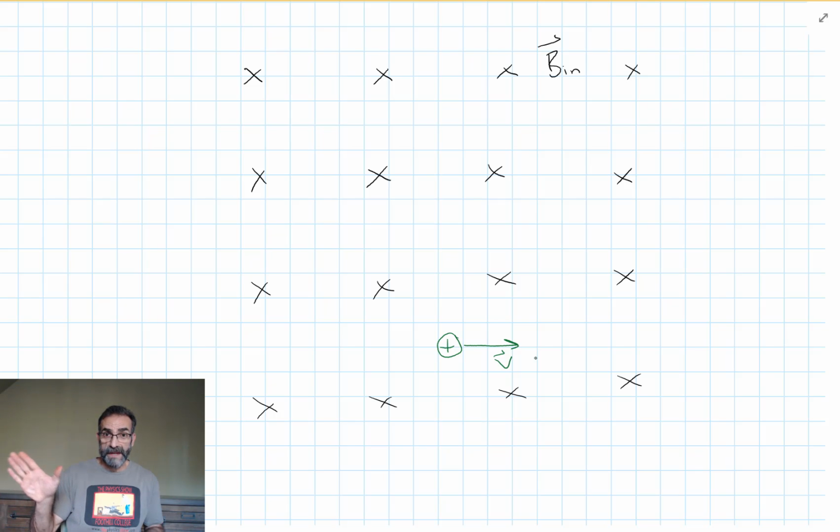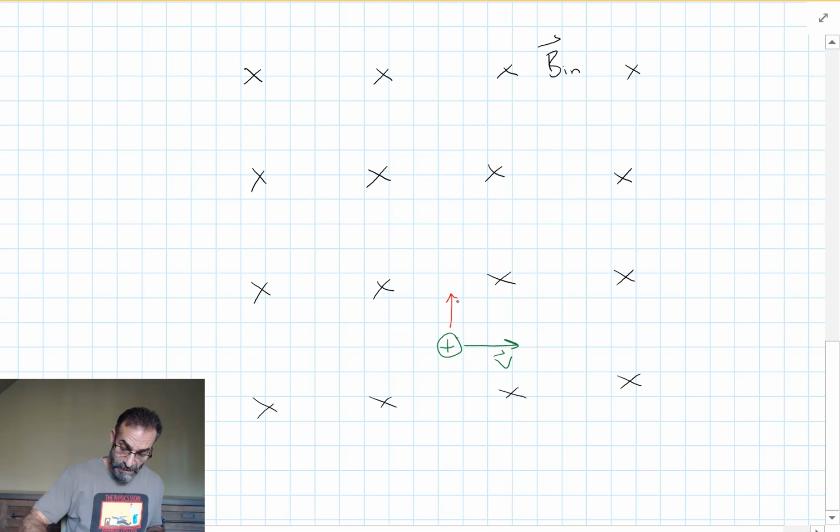V is to the right. I roll my fingers into the page. The force is toward the top of the page. So our particle is not going to continue to move to the right. At some time later, the particle will be over here, and it will be moving in this direction.